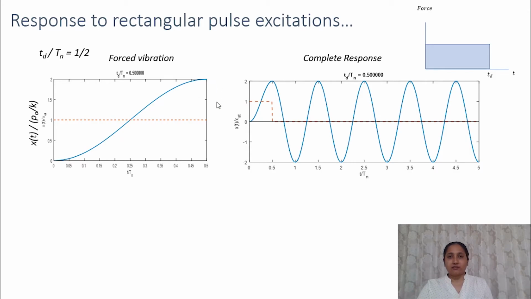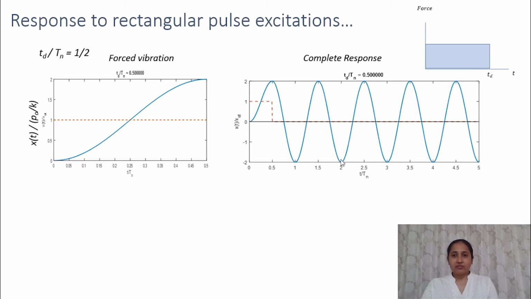And we had derived these results when we derived the response for a step force. So when a step force is acting, the maximum amplitude of the single degree of freedom system will be twice that of the static response. So here, when the duration of the pulse is half of the natural period, we are getting a similar response.